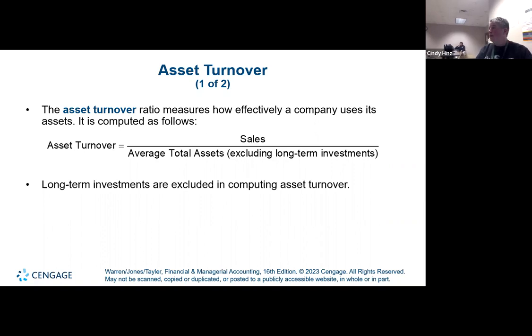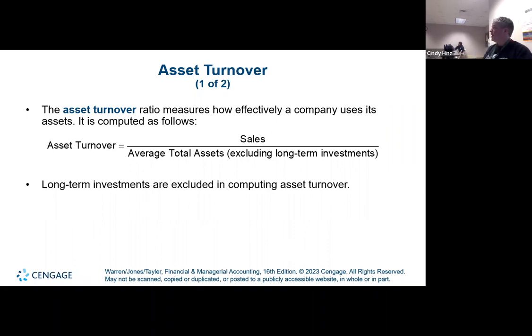Or we might have some property that we are holding and not currently using in the normal course of operations. We talked about both of those concepts in chapter 9 and then in chapter 13 when we talked about investing activities. So if we had any of those, we would exclude those from our total assets.